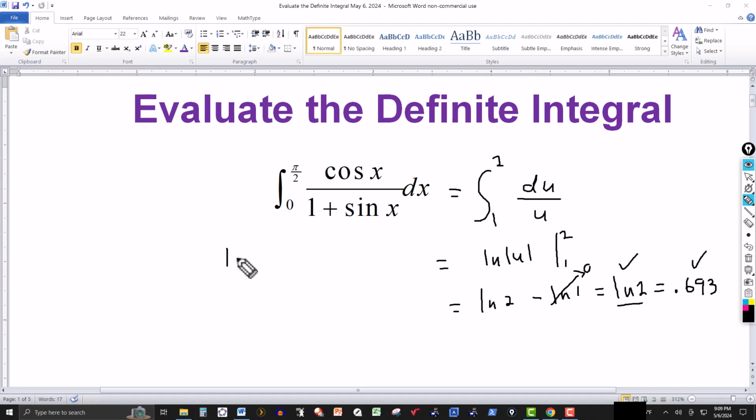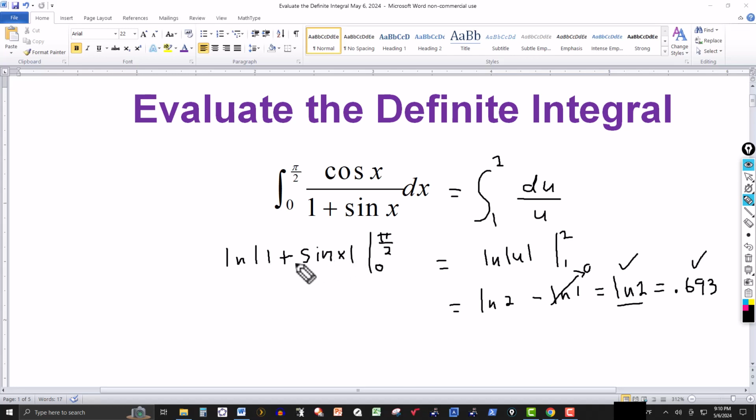If you leave it in terms of x, the original, that's 1 plus sine of x. You leave it like that, instead of doing all of this here, and just integrate using the original limits from 0 to pi over 2.